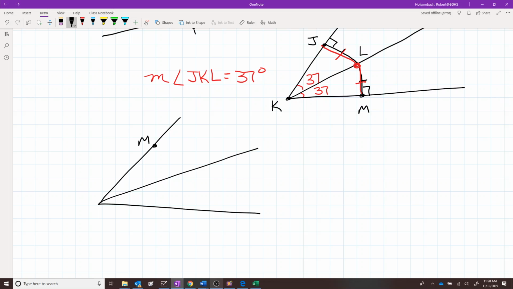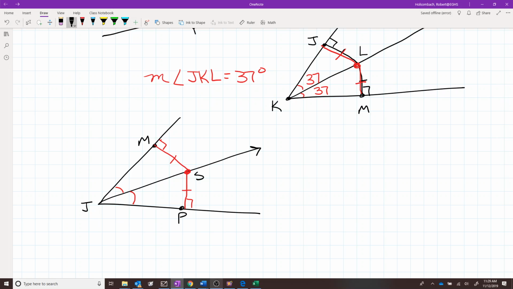You've got angle MJP, point S is right here on this ray, and you are told that the two smaller angles are congruent to each other, which means that M to S will be congruent to S to P. Because if S sits on an angle bisector, then it's the same distance from both sides of the angle.